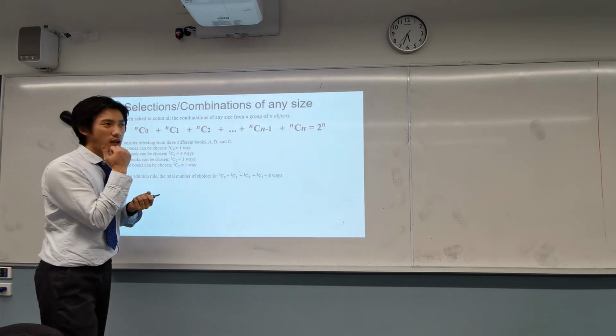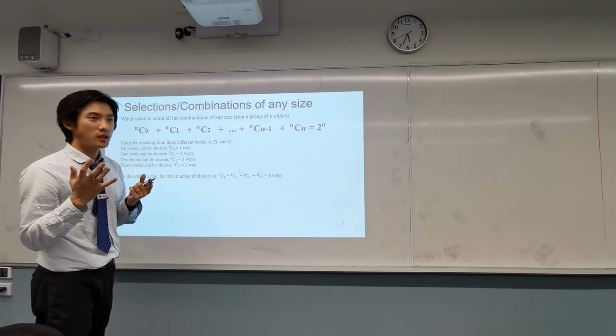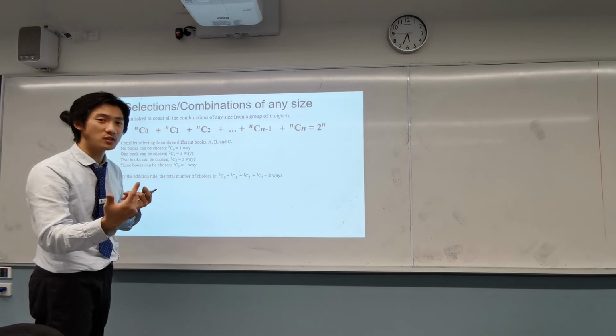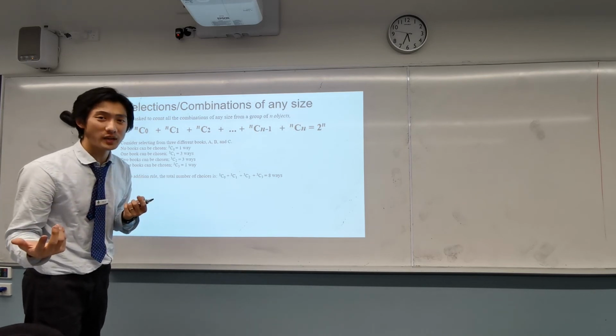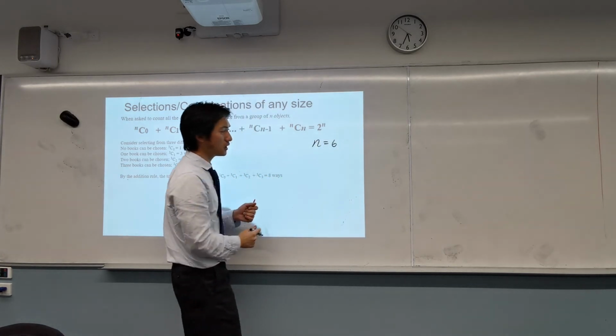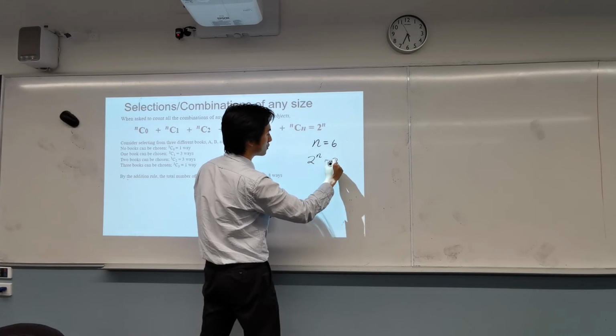Remember before, when we started this chapter with the Indian physician who out of the 6 taste senses, taken 1 at a time, 2 at a time, and so on, there were 63 possible combinations? Out of 6 senses, in total, there are 2 to the n, which is 2 to the power of 6.